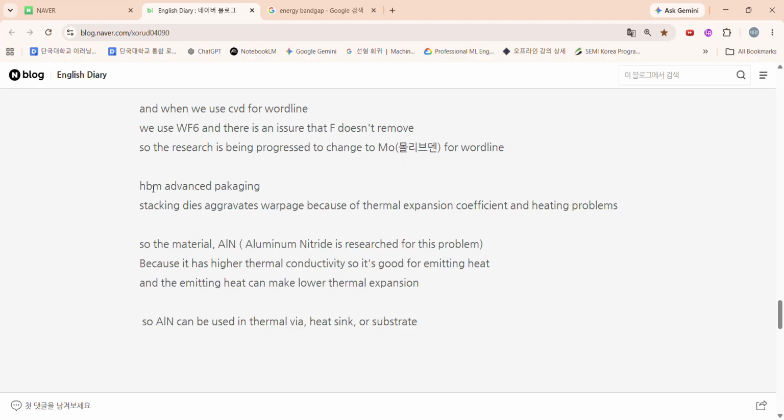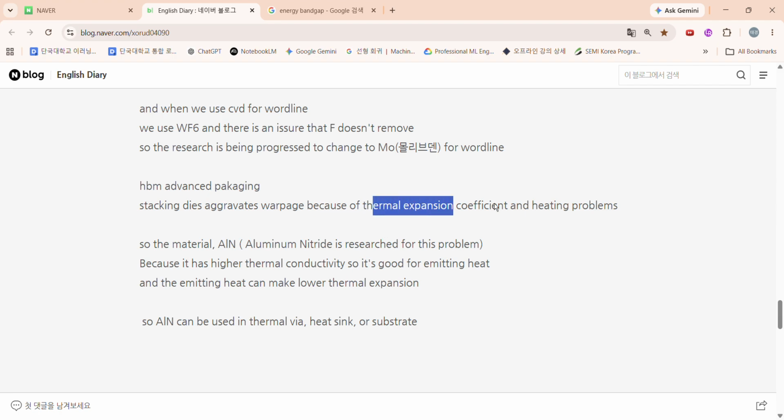to stack dies vertically, and stacking dies aggravates warpage. Warpage is the phenomenon that the wafer is bent because of heating, because there is a concept of thermal conductivity. When thermal conductivity is different, it can make stress, and it causes warpage.